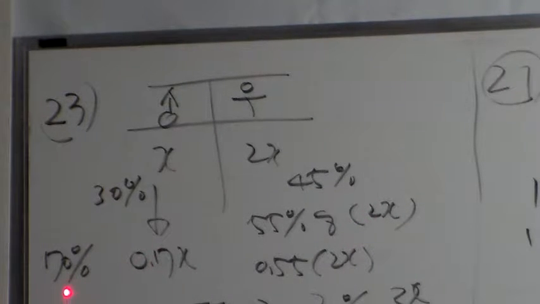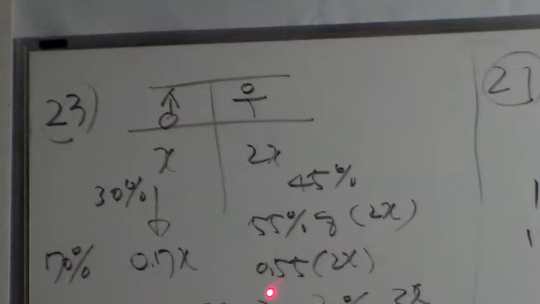So 70% not submitted yet, so 0.7x not yet for the boys, and 55% still not yet for the girls. So 55% of 2x right there, not x.